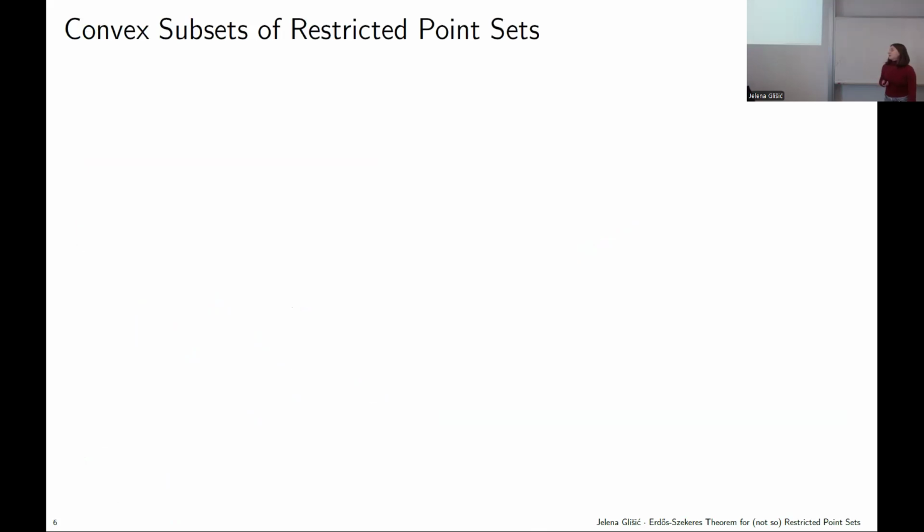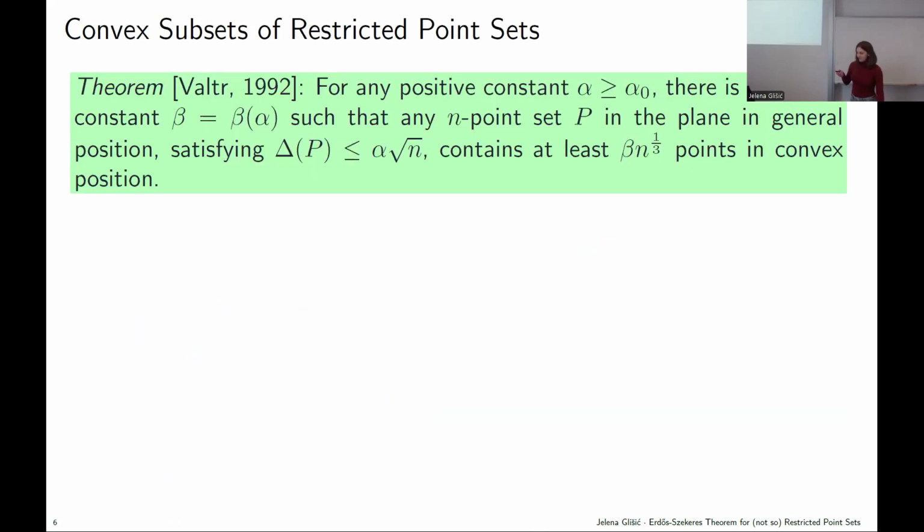So first, I will show you a result of Pavel Valtr from the 90s. This was part of his PhD thesis, and it doesn't look so nice, but the statement basically tells us that if we have a dense point set, meaning that my diameter is square root of n, then I do indeed have a polynomial-sized subset in convex position, of size beta times n to the power 1/3, where beta is a constant depending only on alpha.